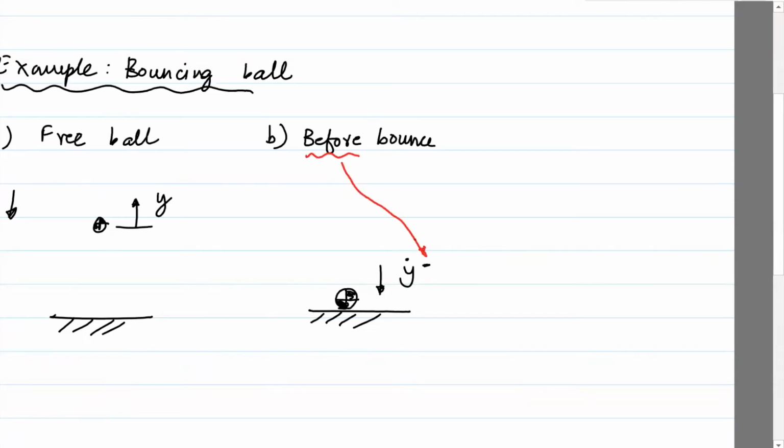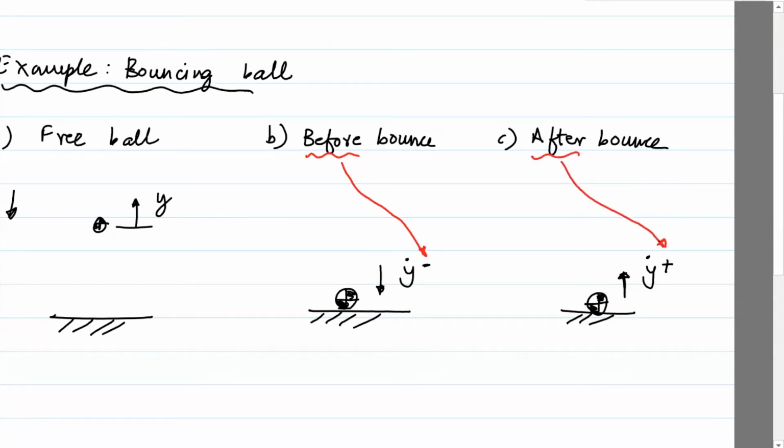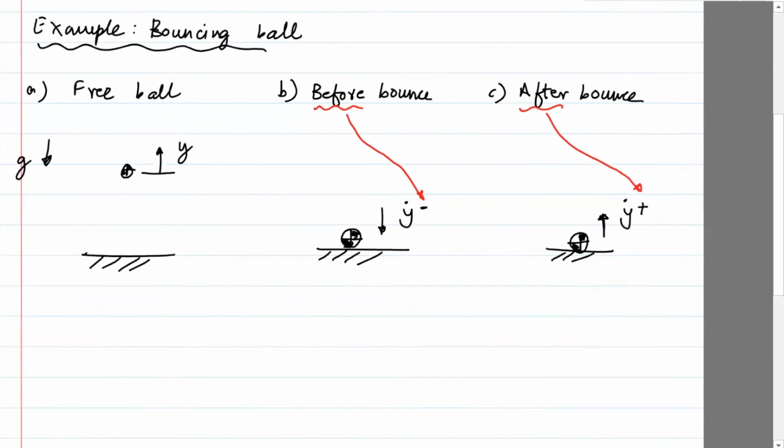Then there's an instant where the velocity switches from downwards to upwards. The ball again has velocity y dot, but this time I'll put a positive sign to indicate that the velocity is after bounce. We'll consistently use this positive and negative notation to indicate after and before bounce.